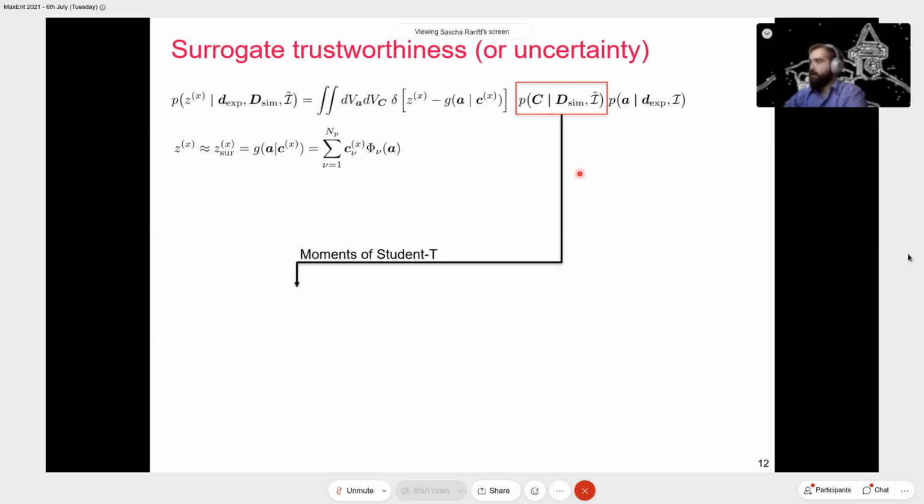Again, from this posterior for the regression coefficient C, we can compute the moments, and these are just the moments of the Student t-distribution that are also very well known.